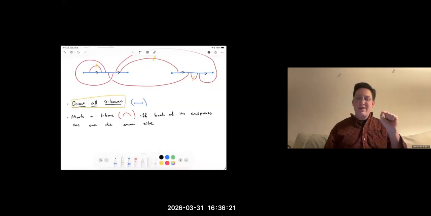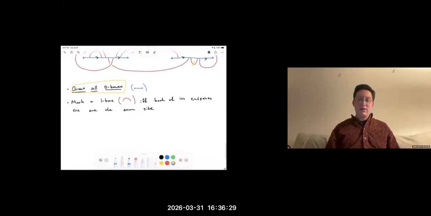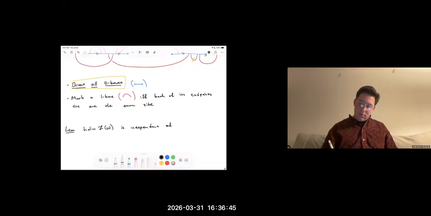So I haven't quite precisely defined what L of W is, and I'm not going to because the homotopy limit is invariant with respect to this auxiliary choice. So that's a lemma, that the homotopy limit is independent of the choice of orientations.